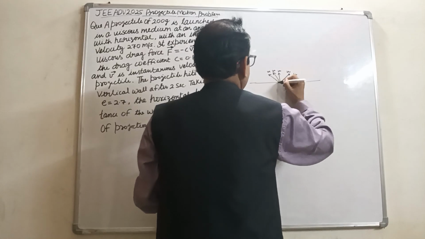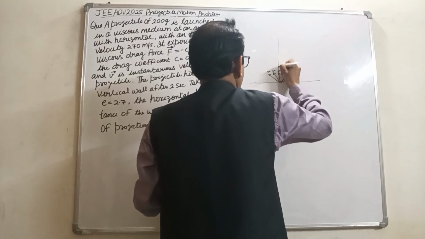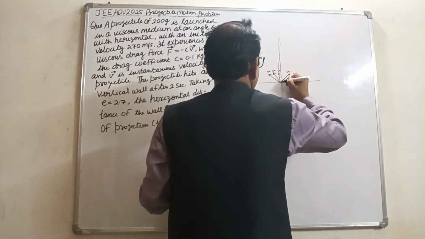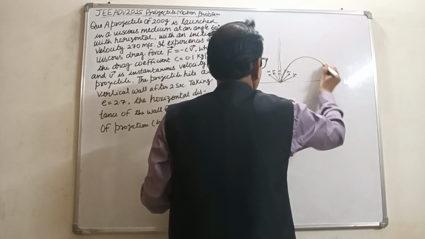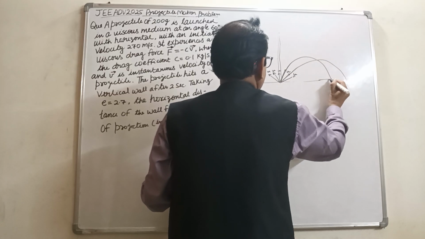So the trajectory: the bullet is fired upside, so the trajectory would be on this side, and when the bullet is fired on this side, the trajectory would be on this side.